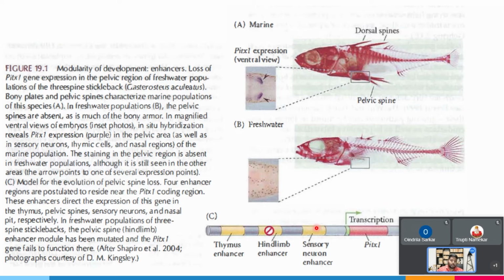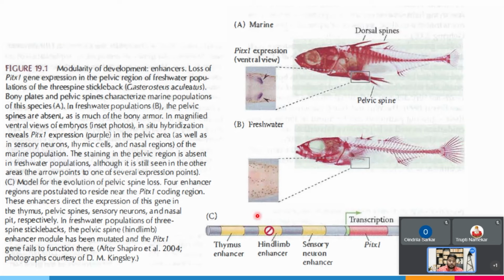What this means is that removal of this enhancer just removes the formation of pelvic spines and does not affect any other function of the gene PTX1. It still performs its role in the thymus, and it still performs its role in the sensory neurons. This is one of the major proponents for the modularity of enhancers: if you remove just one enhancer, it does not affect any others.